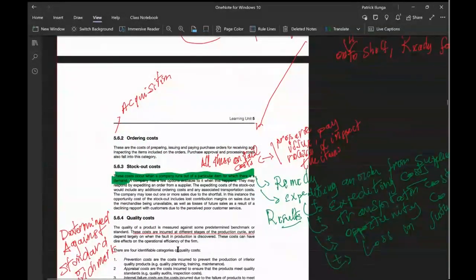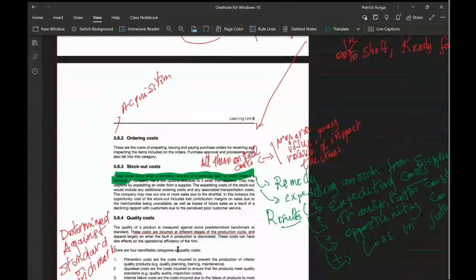For example, there are two costs that they want you to know: the ordering cost, or the acquisition cost. Very important. So there are many costs. Whatever you are reading there is just for your information, for you to understand. But one of the important costs that you need to understand is the ordering cost.